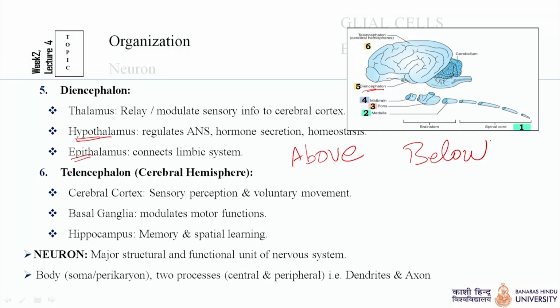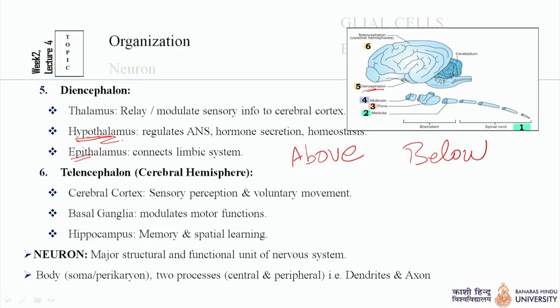So above the thalamus is the epithalamus and below the thalamus is the hypothalamus. The thalamus acts as a relay center for many sensory informations from the special senses such as auditory and vision, and other sensory systems, and conveys the information to the cerebral cortex.